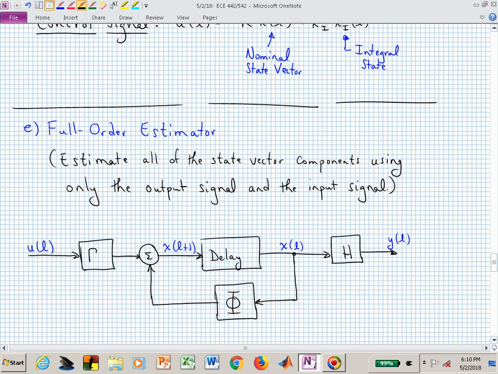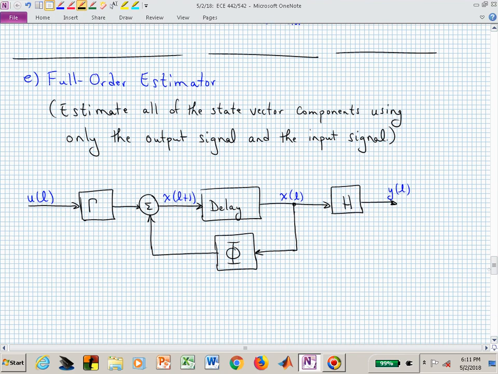We don't want to assume that we can go in and measure all of the state variables x of k. And how are we going to do that? How do we build a full order estimator?